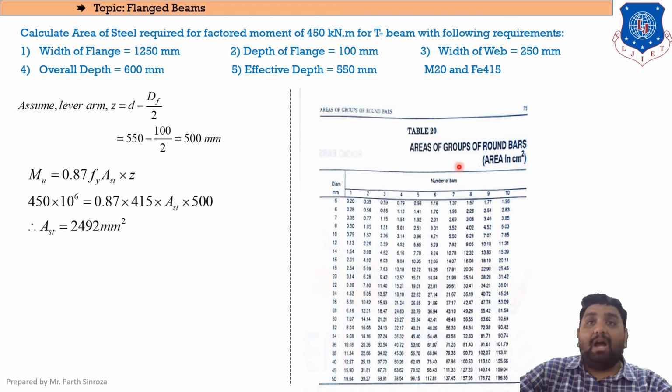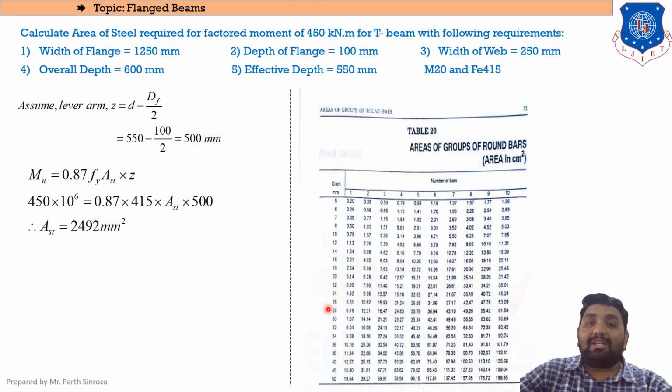Here, according to page number 71 of the steel table, you can directly see from Table 20 that the relation between the diameters and the areas is prescribed. So the Ast required in our case is 2492 mm square. In the steel table it is mentioned in centimeter square, so we will be converting this mm square into centimeter square. That comes out to be 24.92 centimeter square.